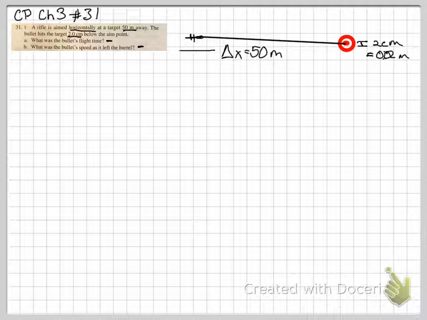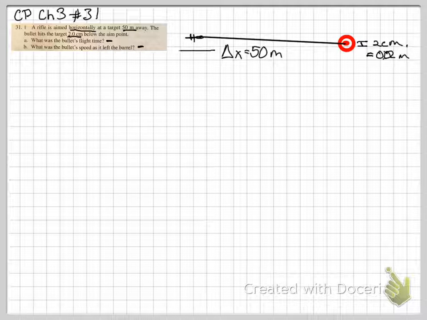So for the flight time, the first step is to think through the situation. We know it left horizontally, and we're assuming the pistol was aimed directly at the bullseye, and as it traveled, it lost some altitude due to gravity, and that altitude is this 2 centimeters.